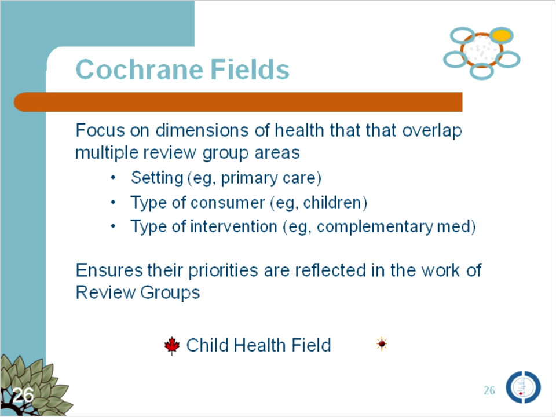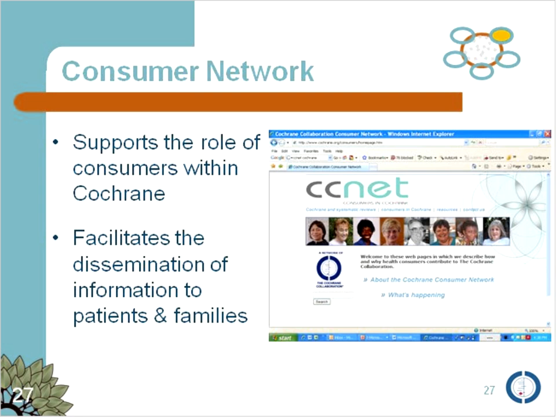There's also a field that looks at the healthcare of older persons. It could be the type of intervention, such as complementary medicine or vaccines. They ensure that their priorities are reflected in the work of review groups and work hand in hand with review groups.